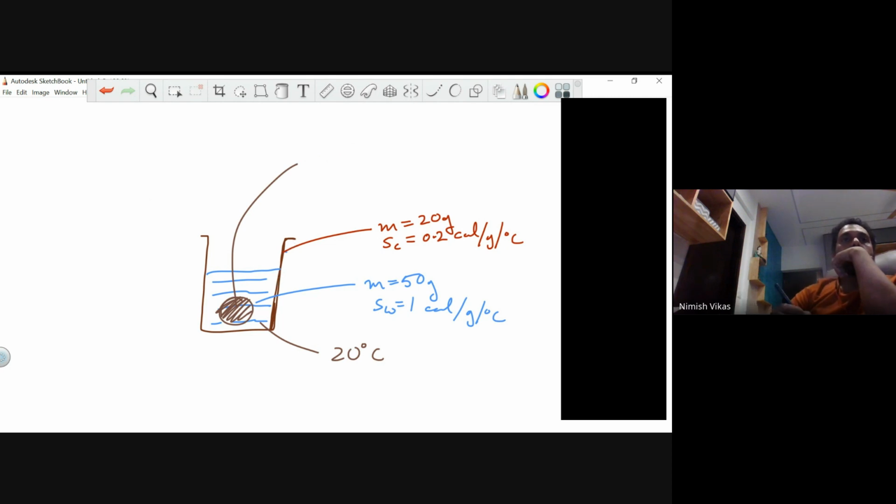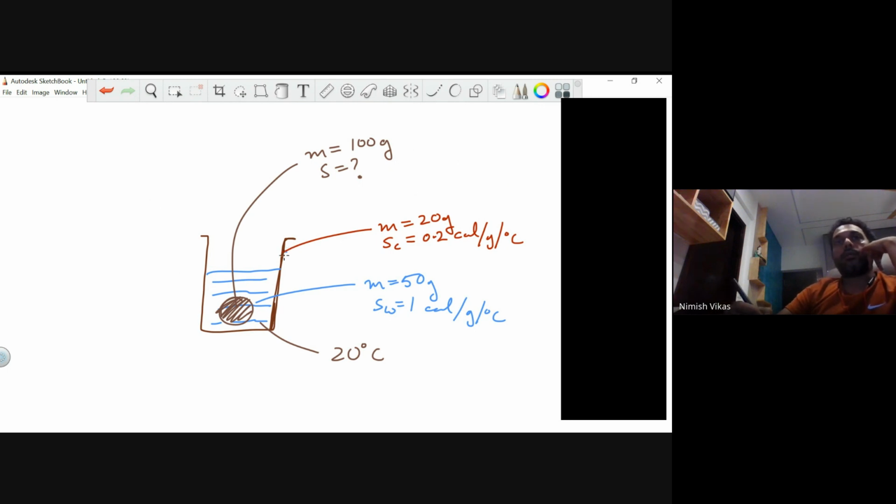Then you drop a certain mass, say 100 grams. The specific heat capacity is what you are trying to find out, which is the general experiment with the calorimeter.